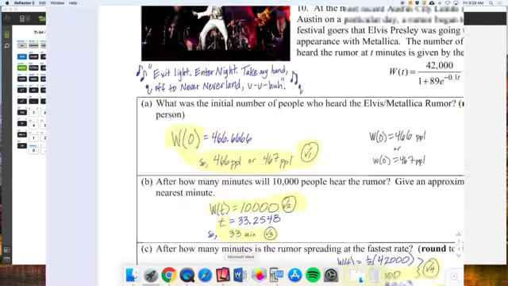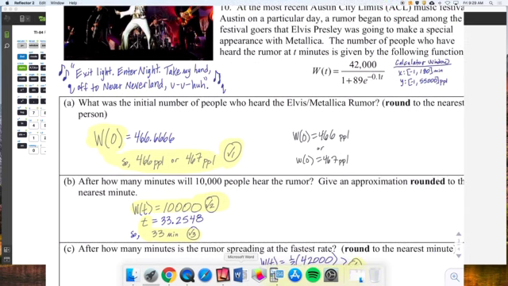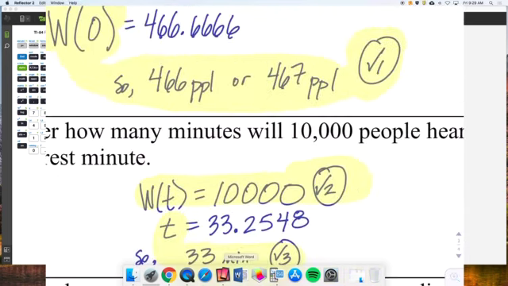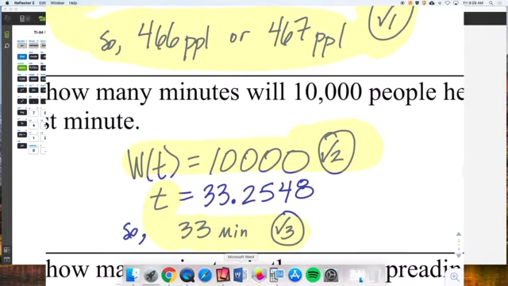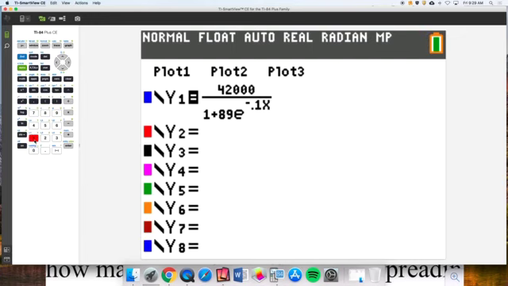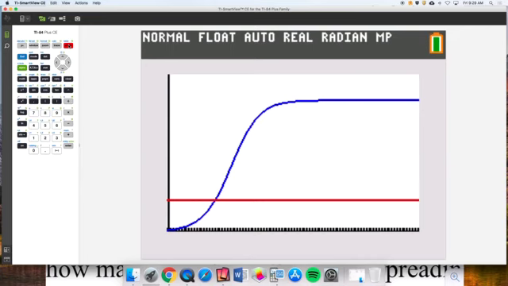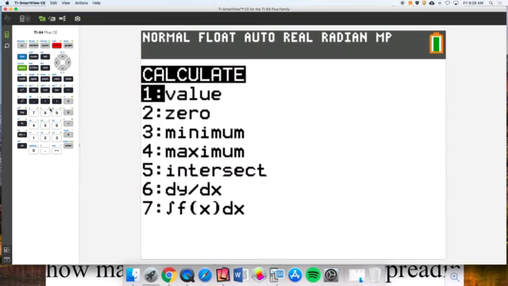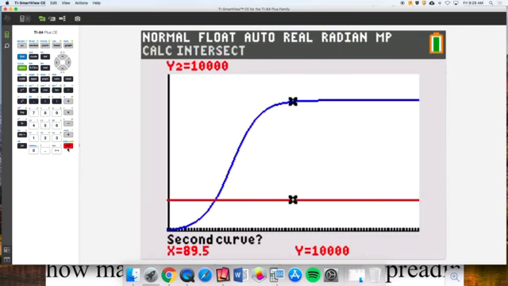Okay? B, after how many minutes will 10,000 people hear the rumor? Well, W of T equals 10,000 was a check. Most people wrote that. Then you need to find the answer. So in Y2, you sketch 10 grand. And you hit graph. Second trace, number 5. Enter, enter, enter. And you get 33.254.